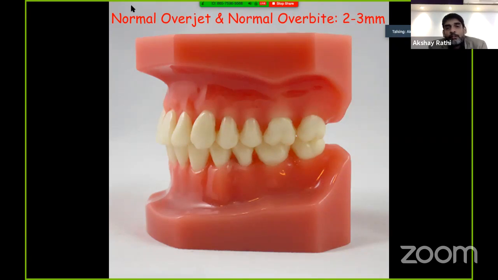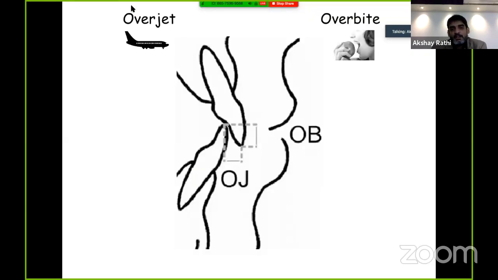This will normally give rise to a normal overjet and normal overbite. What is overjet? Overjet is in the horizontal plane. So it's how much your upper incisor lies anterior to your lower incisor, and overbite is in the vertical plane, and that is how much vertically your upper incisor covers your lower incisor.